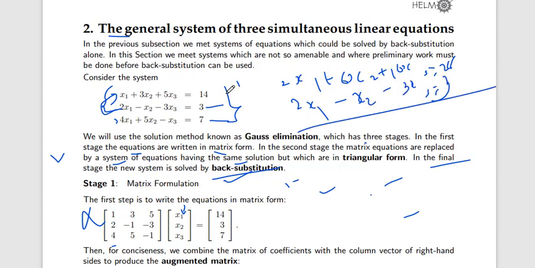Then we subtract equation 1 from equation 2. 2x1 minus 2x1 cancels, and here we will get 5x2 plus here 10 minus 3, that is 7x3, is equal to 23 minus 3 is equal to 25.